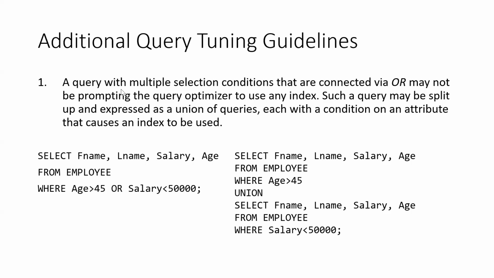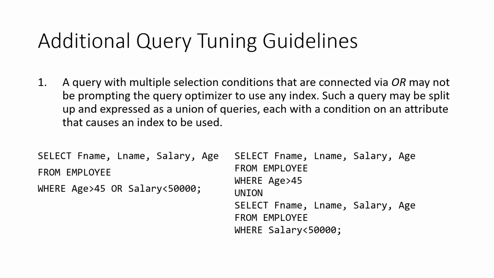Right. Another guideline. But before I move on here, maybe I can show you some of these things with the database. Under set operations, union is a very interesting keyword, and you can try this in MySQL, which supports the union keyword, instead of using multiple selection conditions.